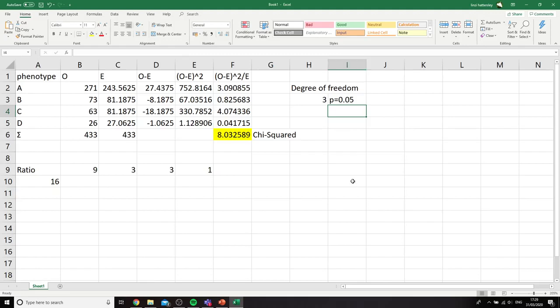Looking on one of the statistical tables, when the degrees of freedom is 3 and the probability is 0.05, the critical value is 7.82. Okay.